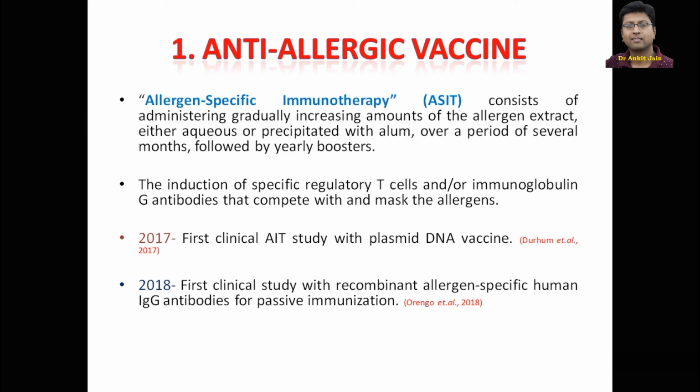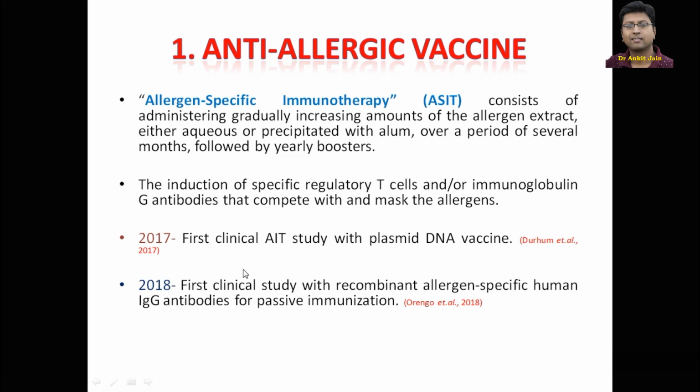Actually this is not a vaccine, it comes under therapy, mainly allergen specific immunotherapy. In this, the allergen is extracted and introduced into the body, and it will provoke a T cell response and immunoglobulins, especially IgG, and that antibody will mask the allergen.